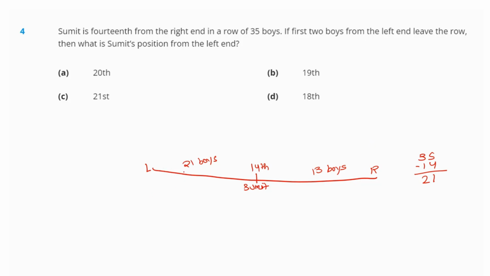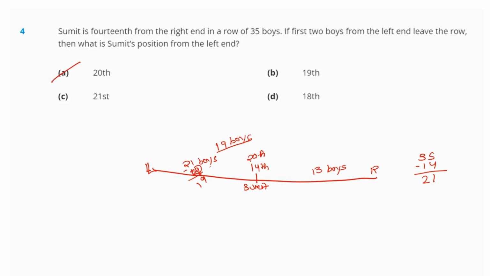The total number of boys to the left will be 19, as we are subtracting 2 from 21. So from the left end, Sumit's position will be 20th. So answer A is a correct answer.